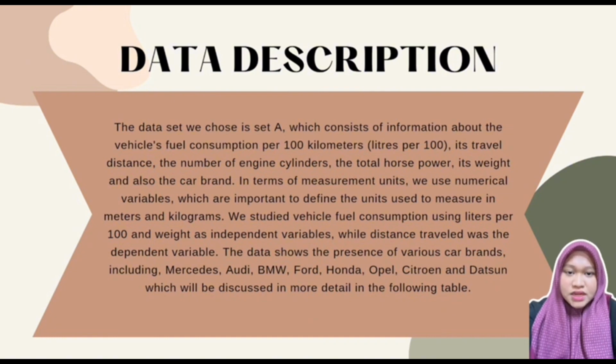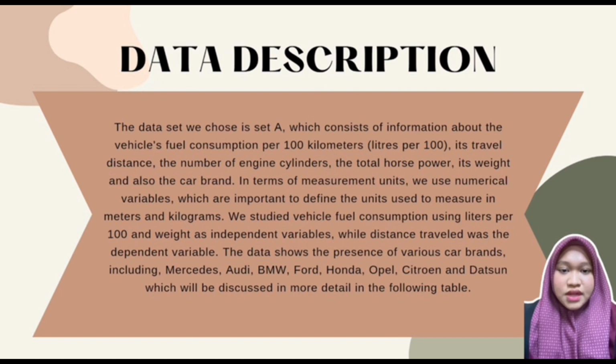The purpose of this study is to describe the relevant variables and the various fields or features contained in the dataset. The dataset we chose is Set A, which consists of information about the vehicle's fuel consumption per 100 kilometers in liters per 100, its travel distance, the number of engine cylinders, the total horsepower, its weight, and also the car brand.